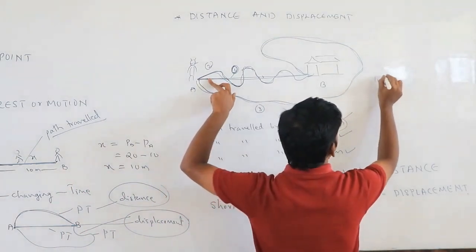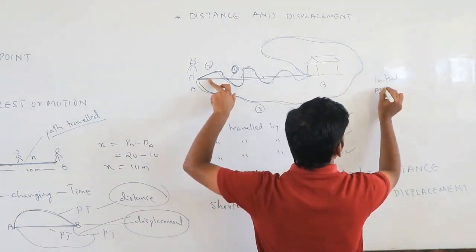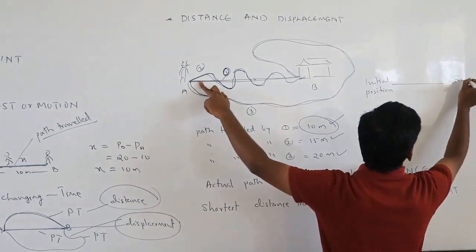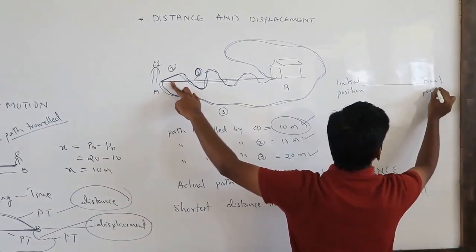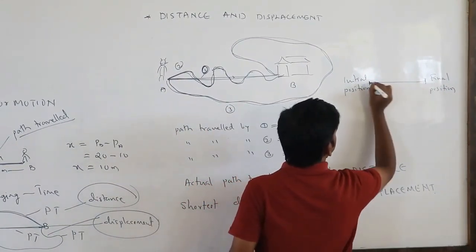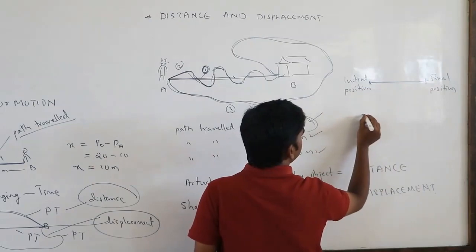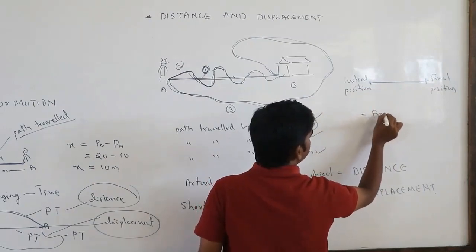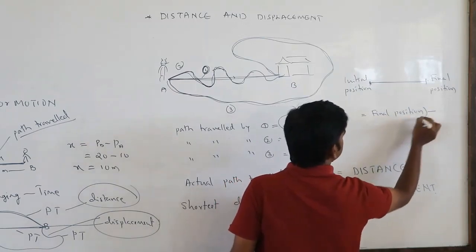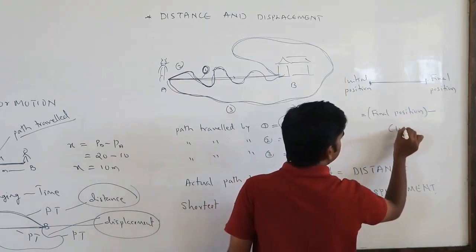Or in other words, this is the initial position, and this is the final position. So how can you get this path? You can get this path by final position minus initial position.